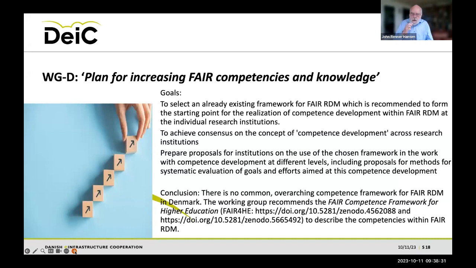And for that reason, we now have selected and focused on, as a recommendation, that we use the FAIR competence framework for higher education, as you can find at Zenodo. That will be our somehow main focus. Please, next.